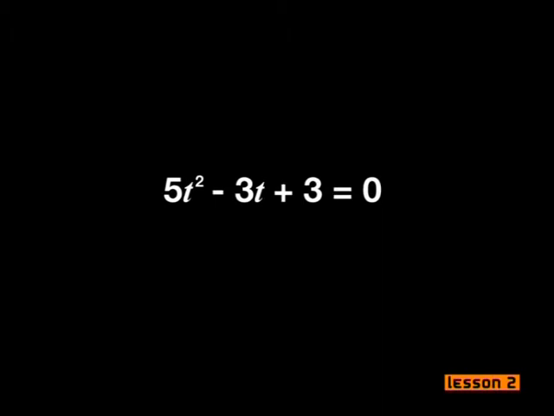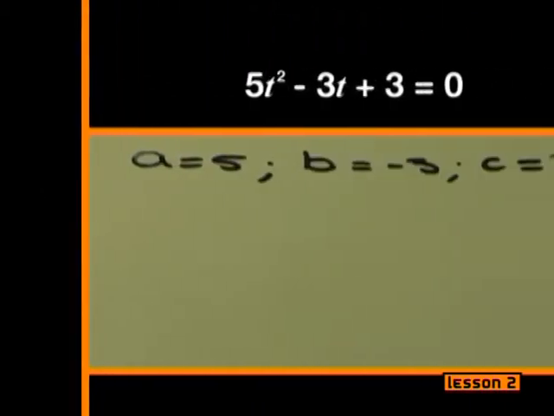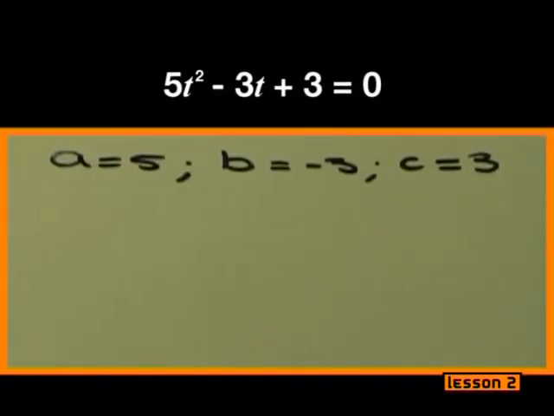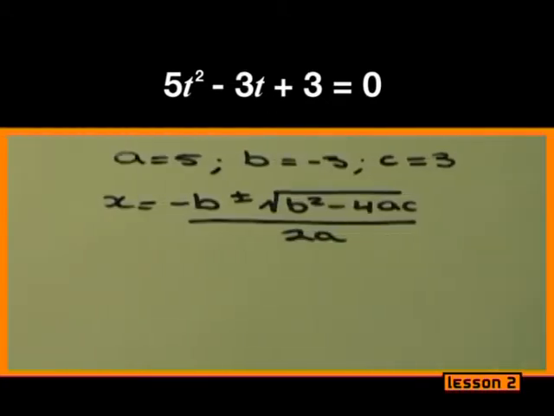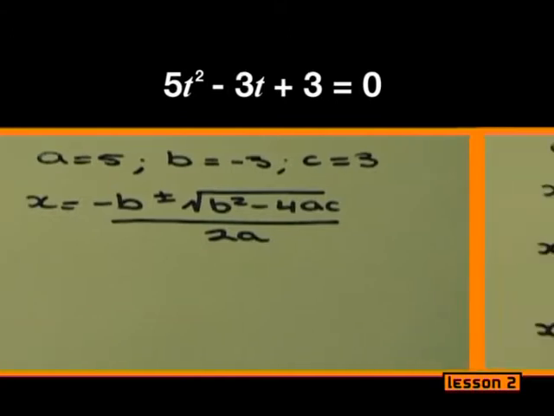First, we need to write this in simplest standard form. Then I identify a, b, and c in the equation. Then substitute the values into the formula. Negative b plus or minus the square root of b squared minus 4ac, all divided by 2a.